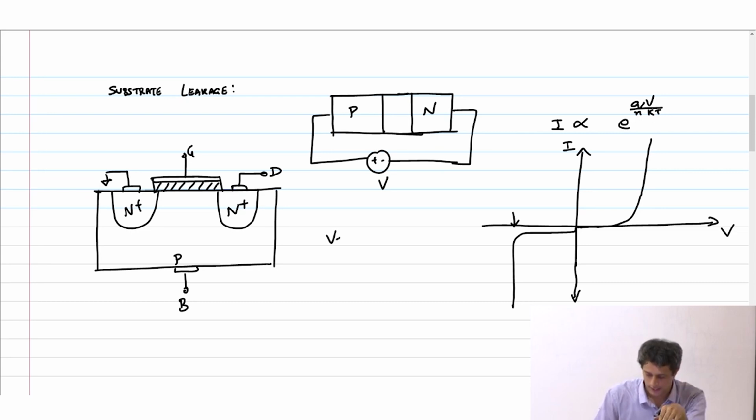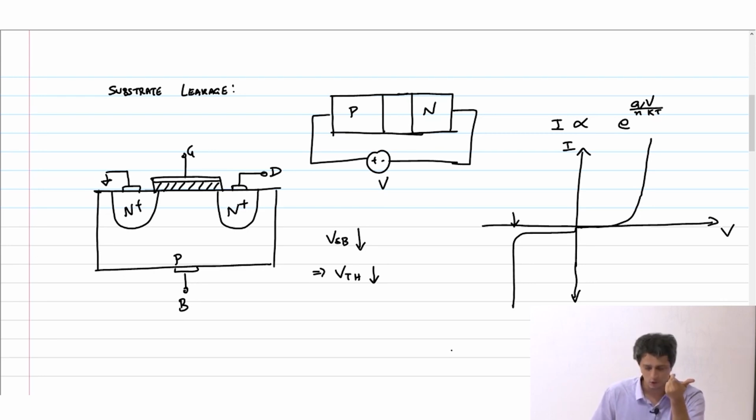If VSB decreases, VTH will decrease, right? If VSB is coming down, it means that VBS is going up.